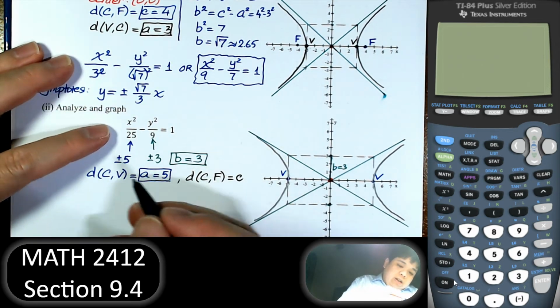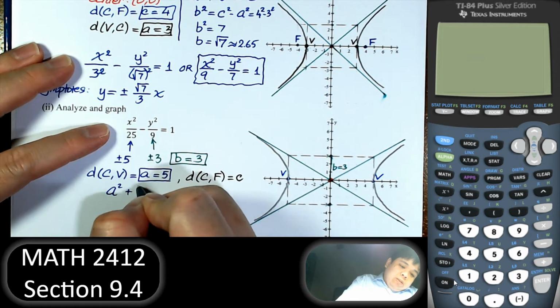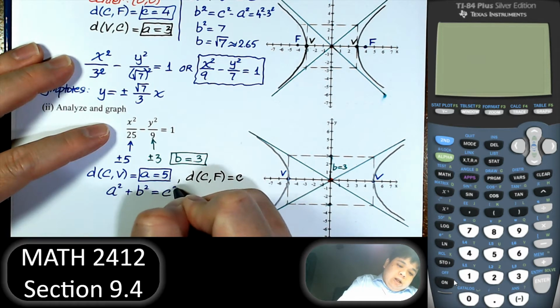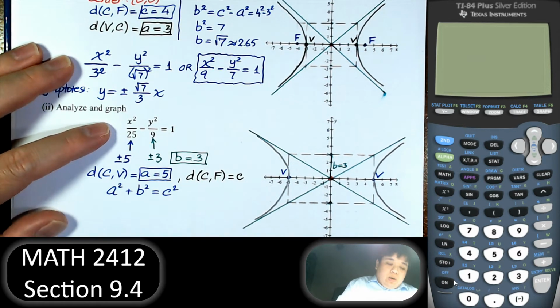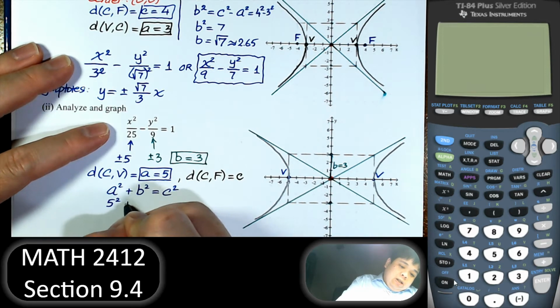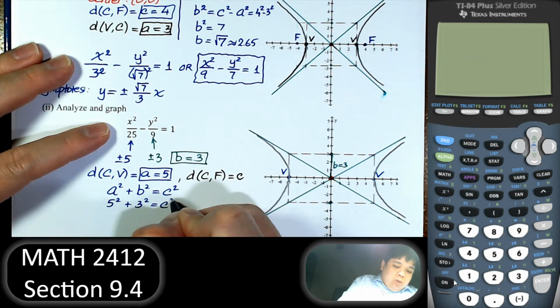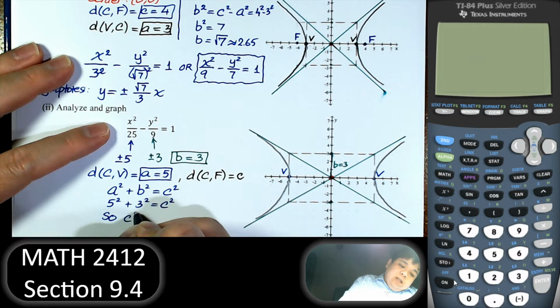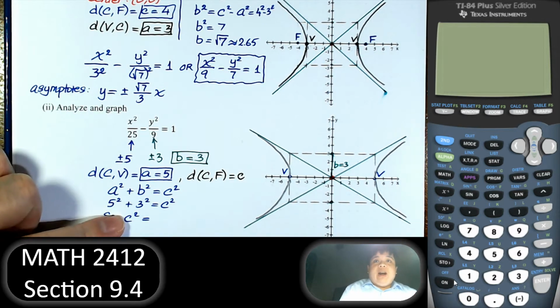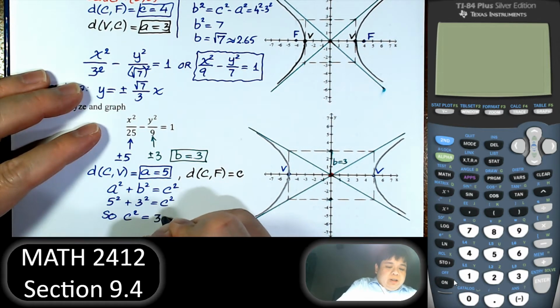So we have a squared plus b squared equal to c squared, and so we just put those in: 5 squared plus 3 squared equal to c squared. So c squared is equal to 25 plus 9, that's 34.